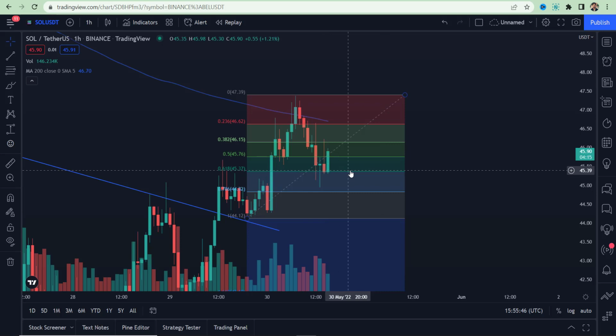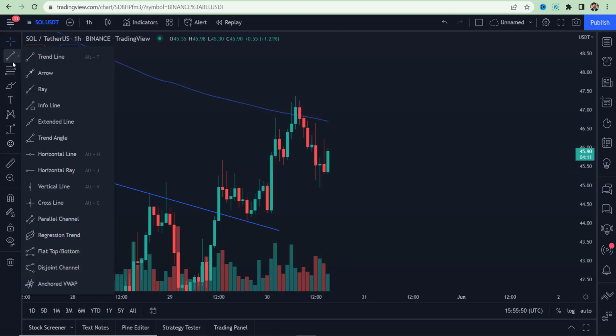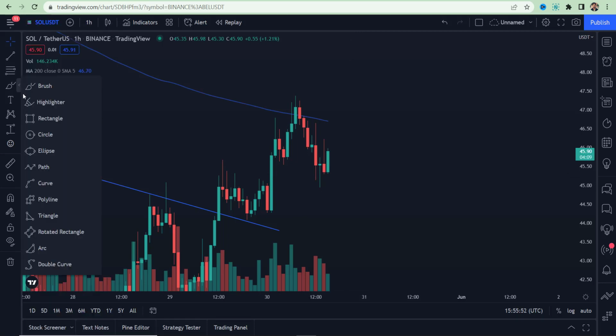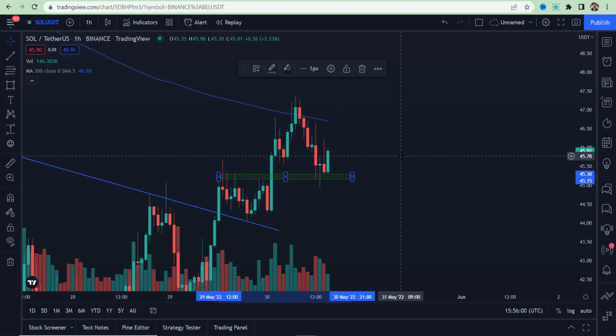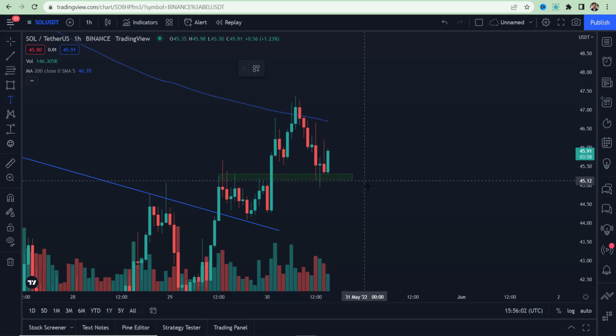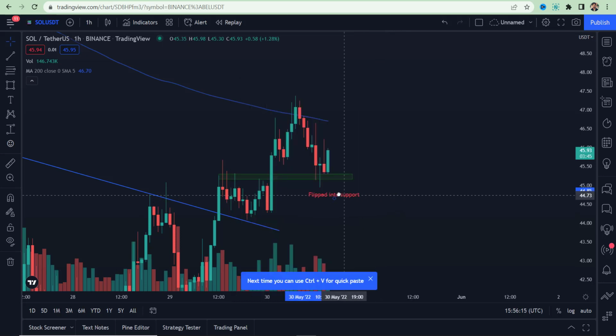So I hope this gets flipped into a support level, a minor support level. It could be a local support as well. If this gets flipped into a support level, that would be a good sign.